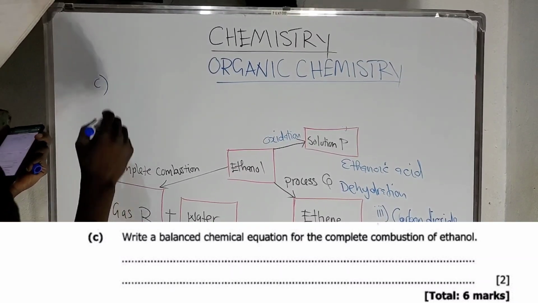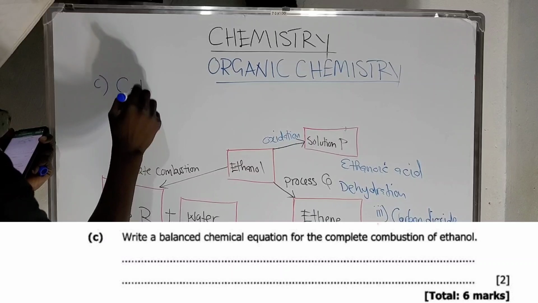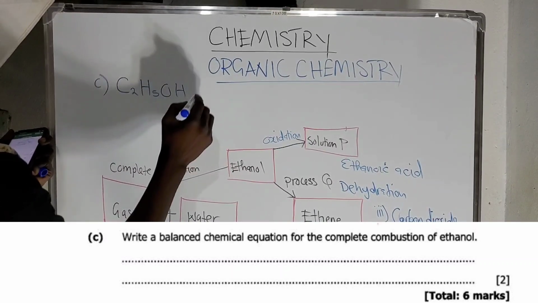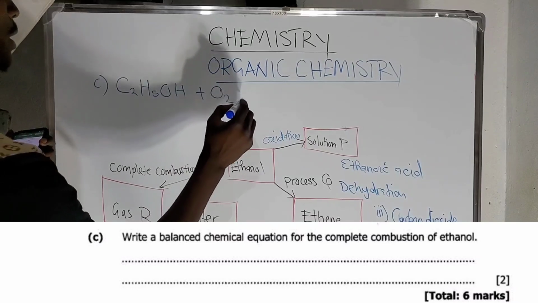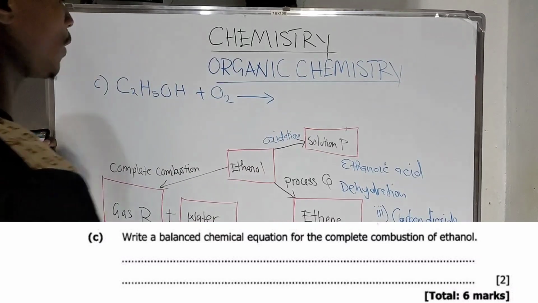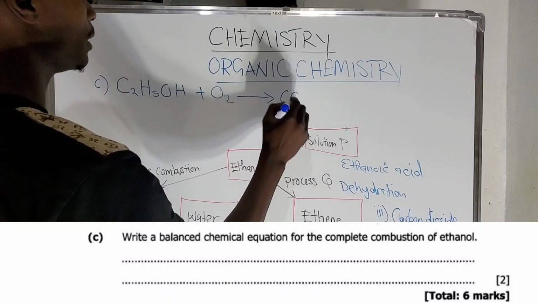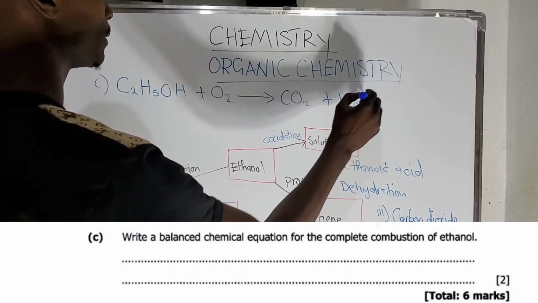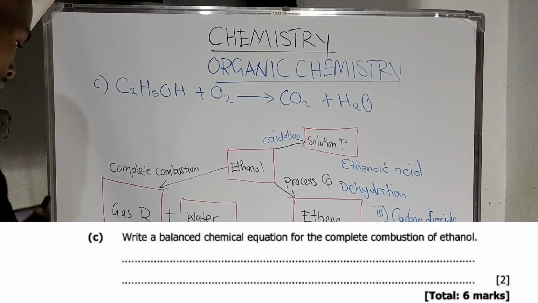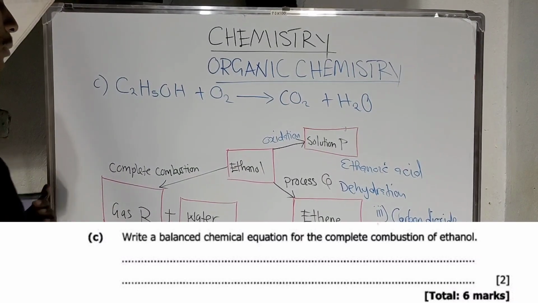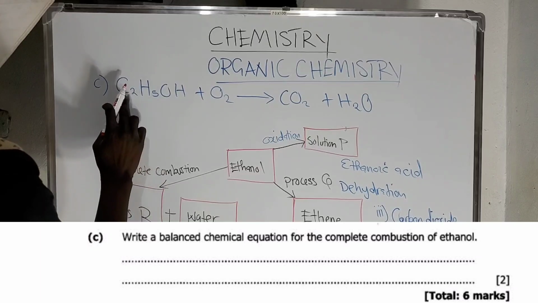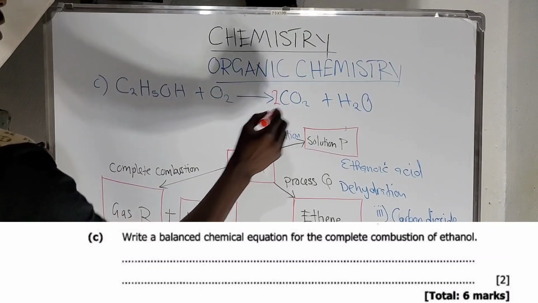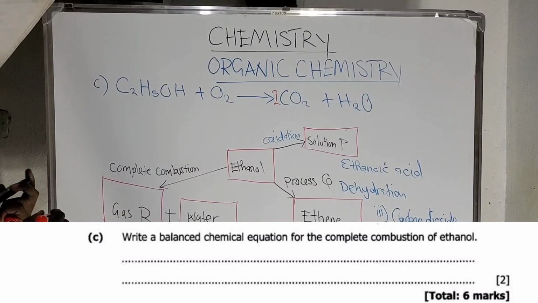The chemical formula for ethanol is C2H5OH. In combustion, it reacts with oxygen to form carbon dioxide and water. Balancing this: you have 2 atoms of carbon on this side and 1 on the other, so you put a 2 here so that the carbon atoms balance.